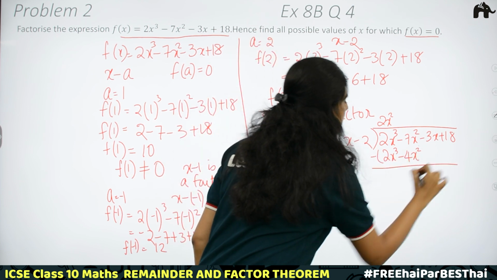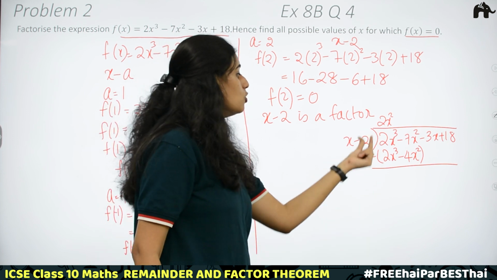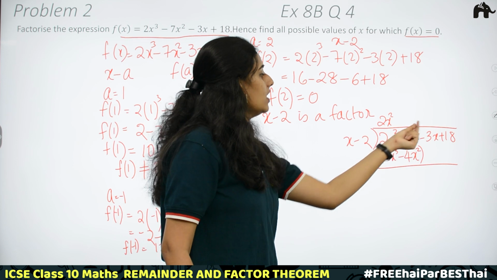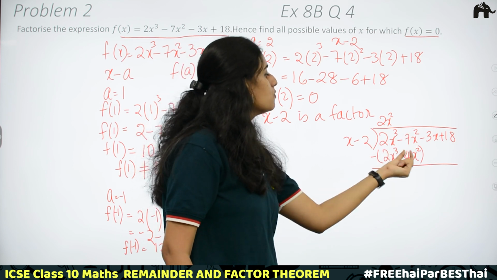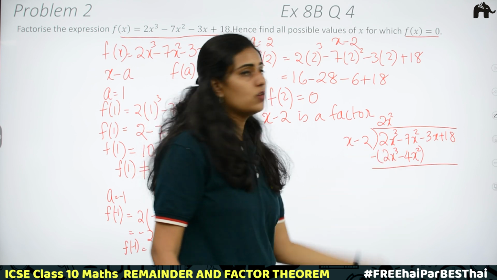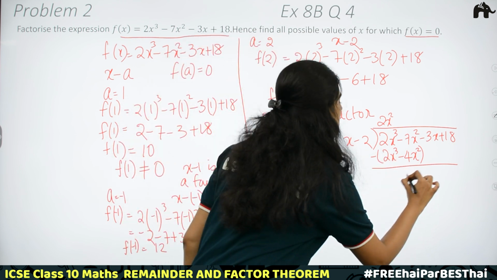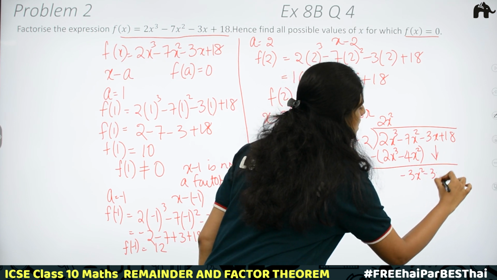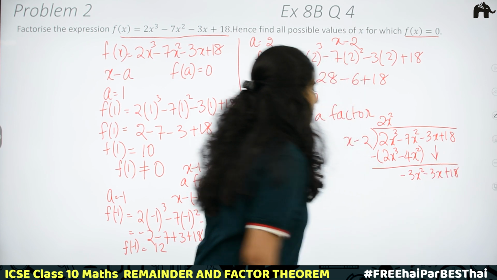On subtracting this, what do we get? 2x cube minus 2x cube is equal to 0. Minus 7x square minus of minus 4x square, that is minus 7x square plus 4x square, which is minus 3x square. Bringing this down, we get minus 3x plus 18.